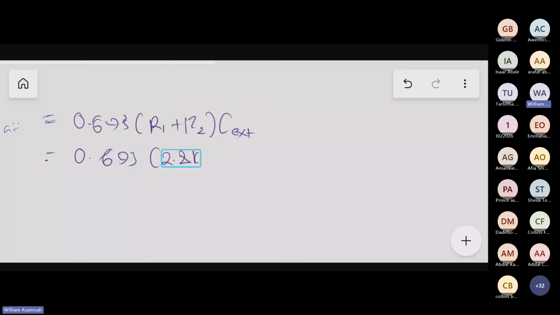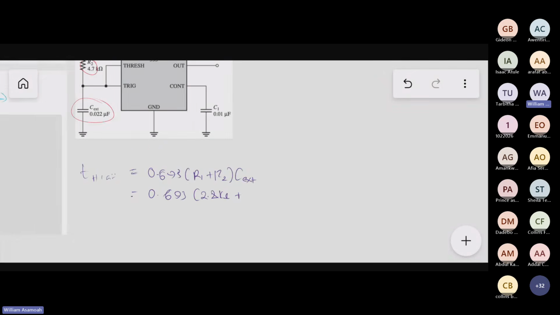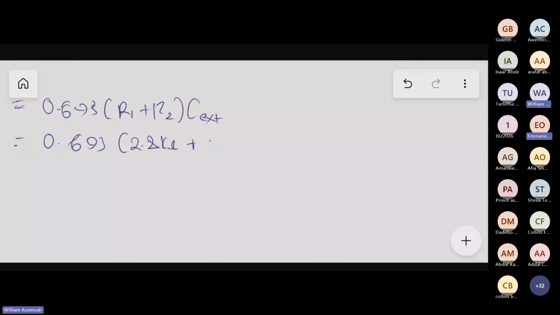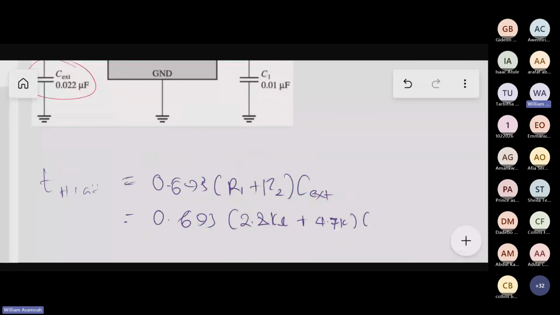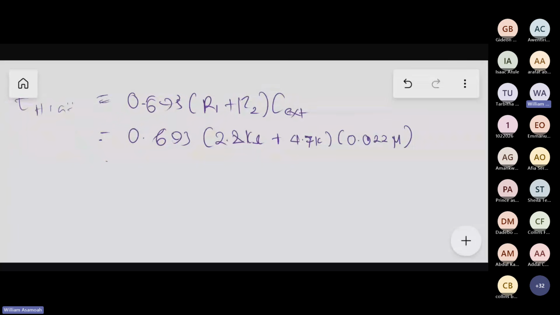My phone has even started misbehaving. It's tired. So if you use a calculator to evaluate this, what do we get?